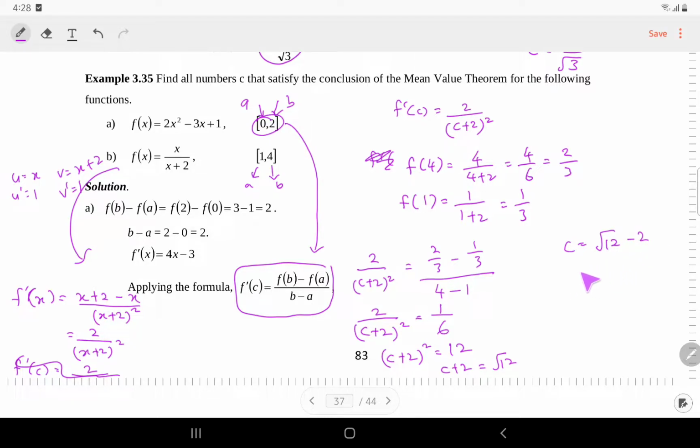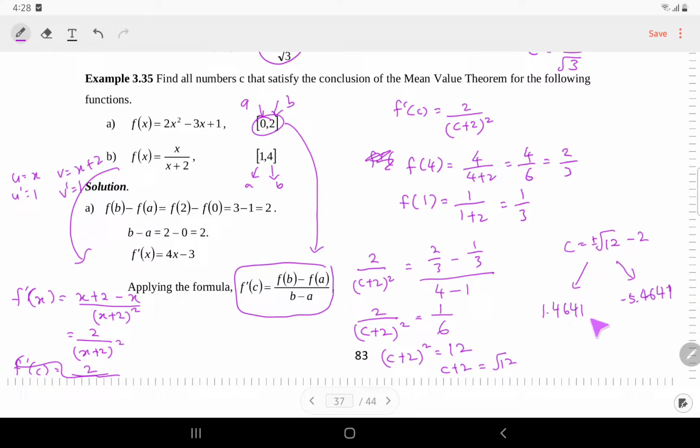So kita akan dapat dua nilai kat sini. The first one is positive square root 12 minus 2, and the second one is negative square root 12 minus 2. So kalau the positive one, kita akan dapat jawapan 1.4641. Another one for the negative value, negative square root 12 minus 2, the answer is negative 5.4641.